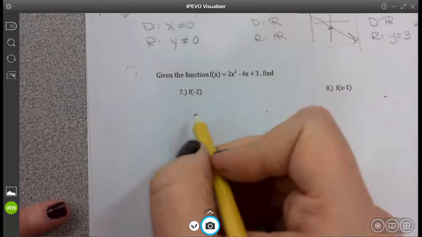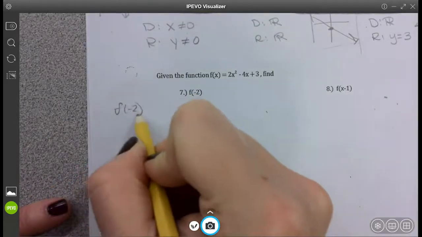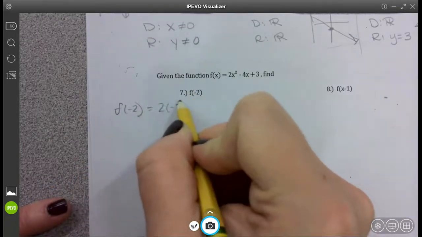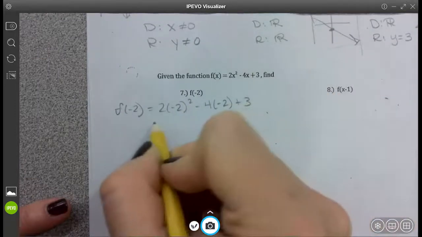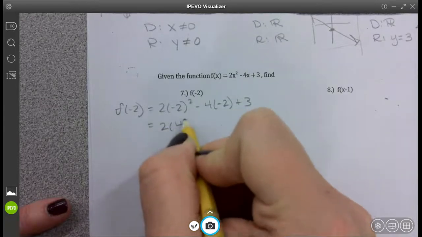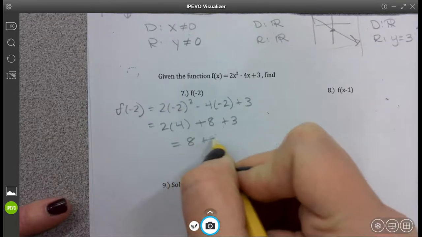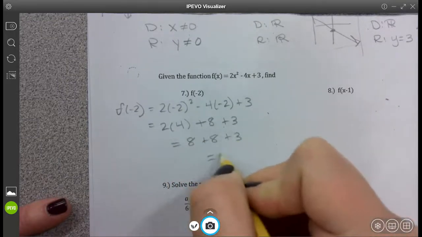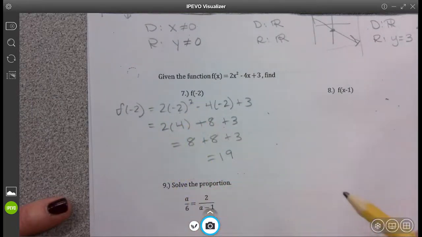1. So wherever I see a negative 2, or I'm sorry, an x, I'm just going to replace it with negative 2. So we square the number, then multiply by 2.